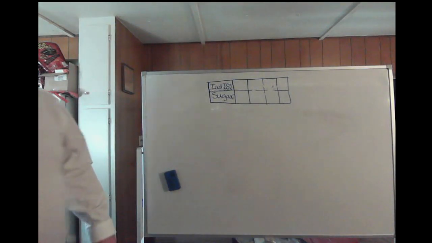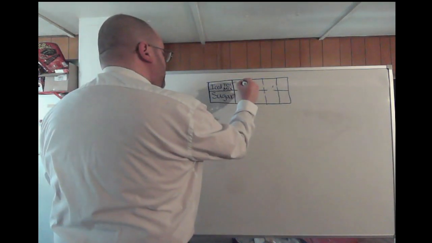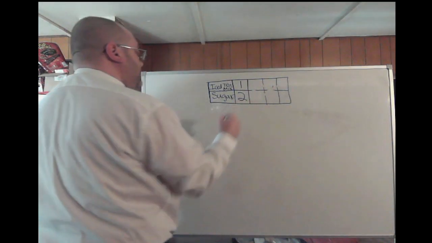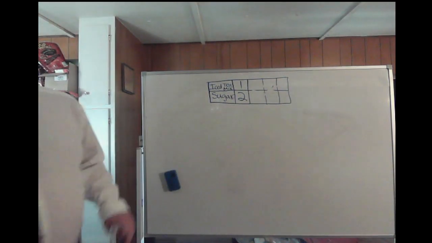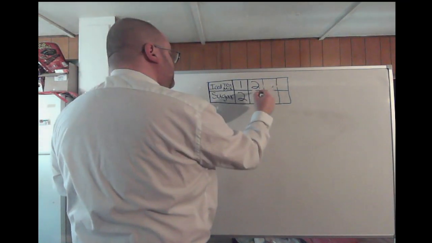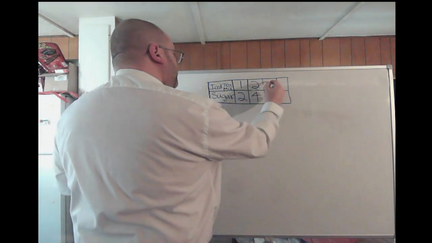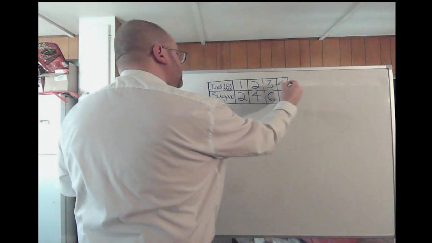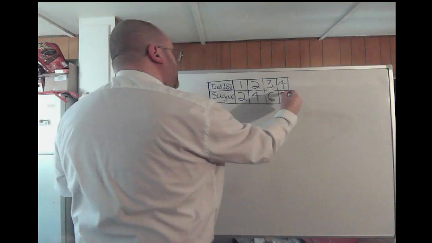So you have a proportion of 1 part iced tea mix to 2 parts sugar, 2 parts iced tea mix to 4 parts sugar, 3 parts iced tea mix to 6 parts sugar, and 4 parts iced tea mix to 8 parts sugar.